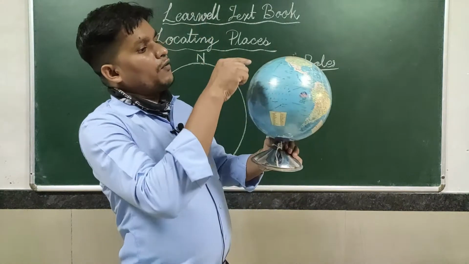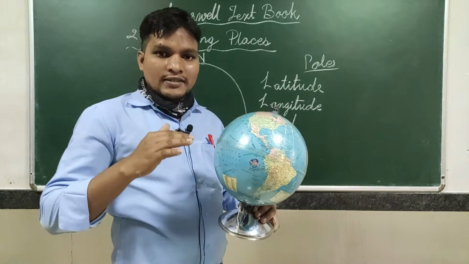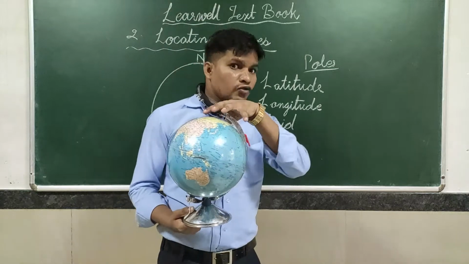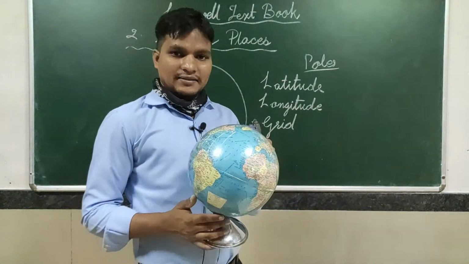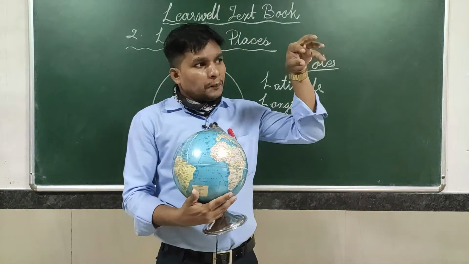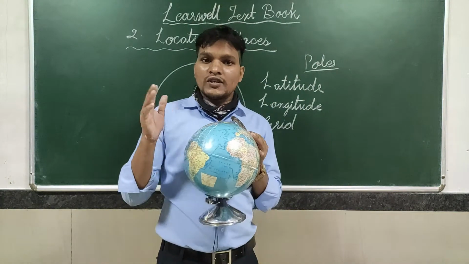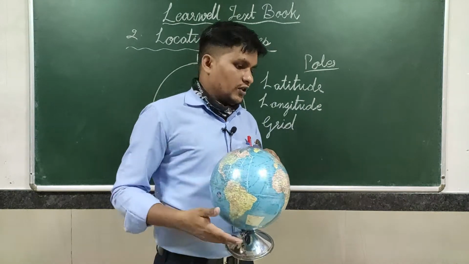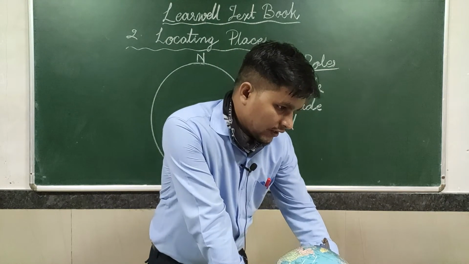These are parallel lines, and they are also imaginary lines, which help to locate a proper place within a second. That's why we use different lines. So what are those lines? Let us read about the lines.